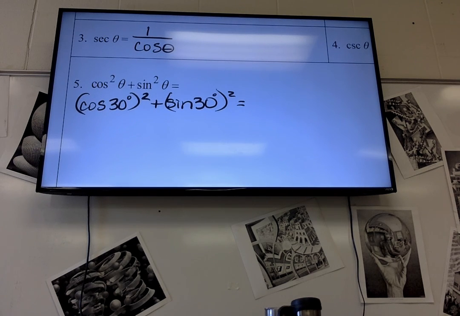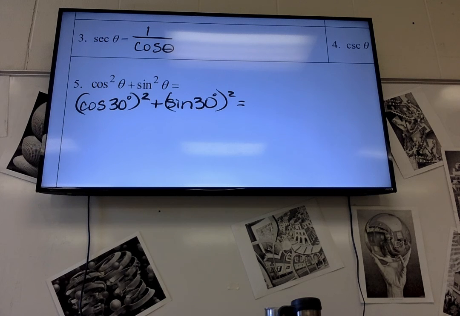So notice how the way it's written is it's got cosine and then the squared and then the angle, instead of the cosine of the angle and then squared. Yes, we will need theta in the equation, because it can be whatever angle.